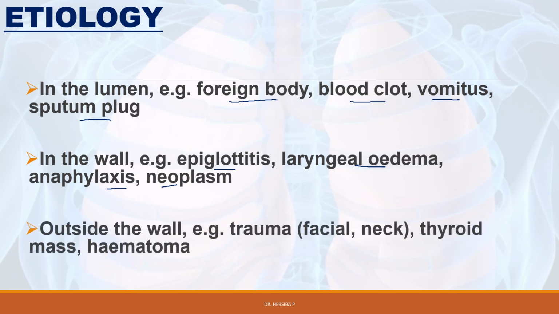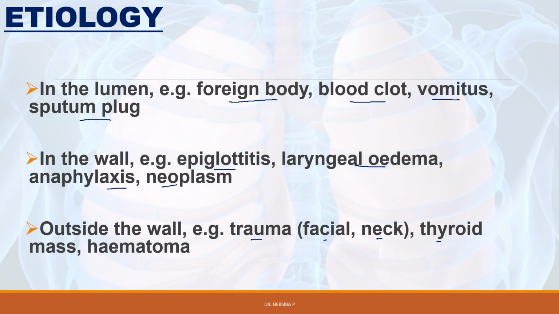Or outside the wall, the reasons will be trauma, especially facial or neck trauma, thyroid mass, or hematoma. This is the etiology. Etiology is categorized under three aspects: blockage in the lumen, blockage in the wall, and blockage outside the wall.